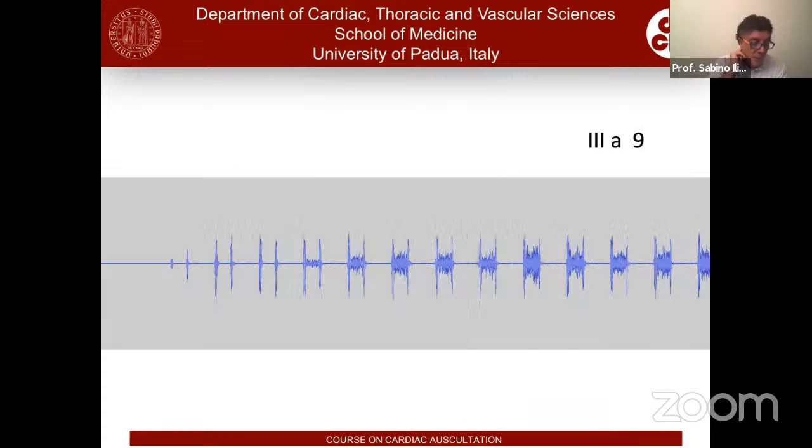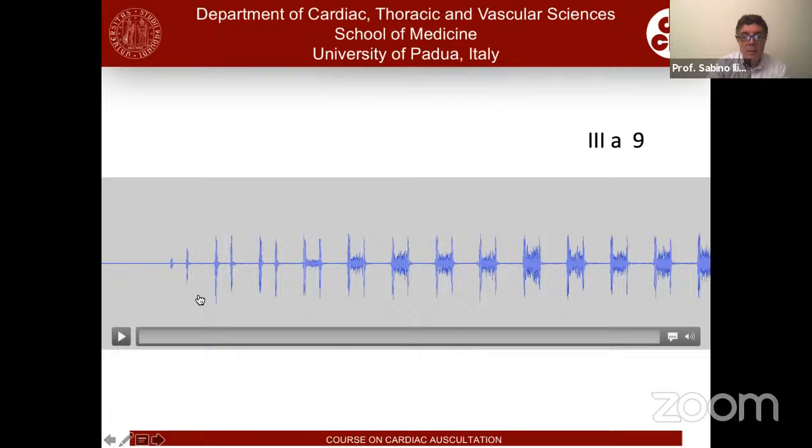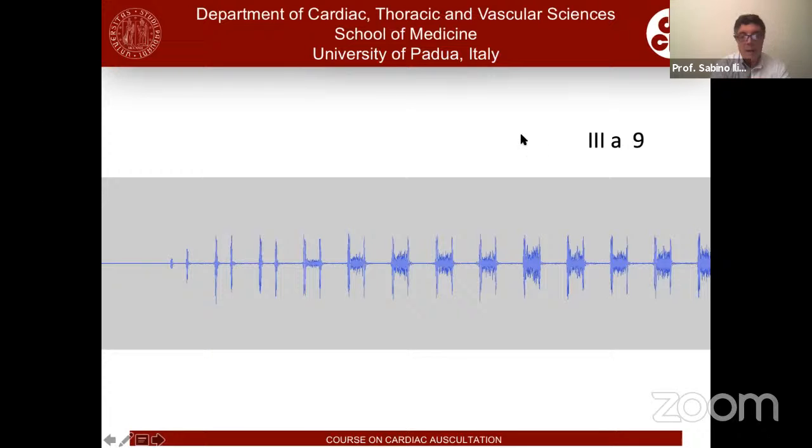So now we shall listen to a special electronic construction, and we shall appreciate, as usual, 3 beats without murmur. Then the regurgitant murmur will appear, and at the end, the third sound with the low frequency murmur following the sounds will occur.